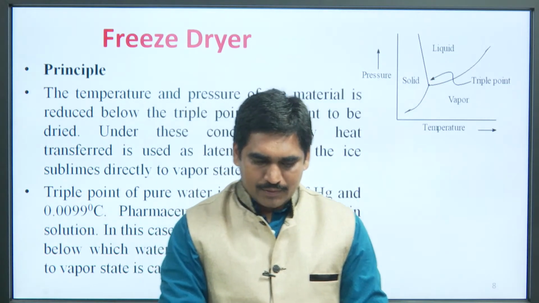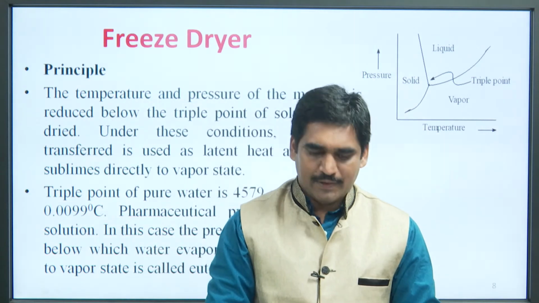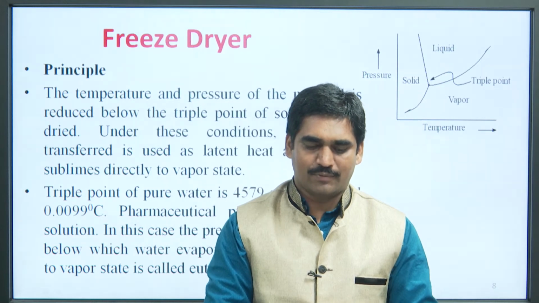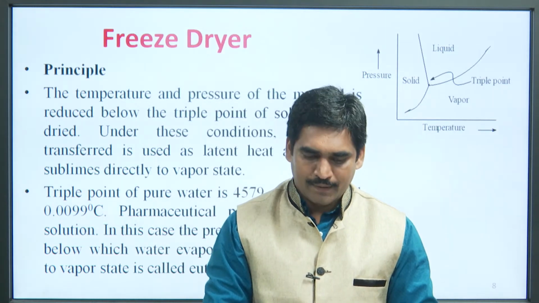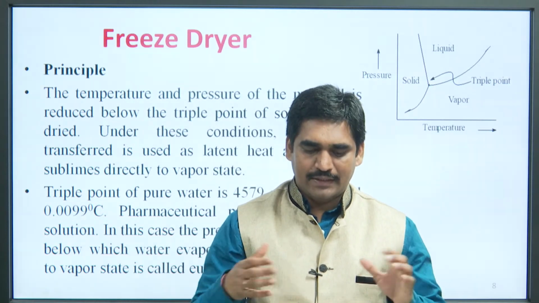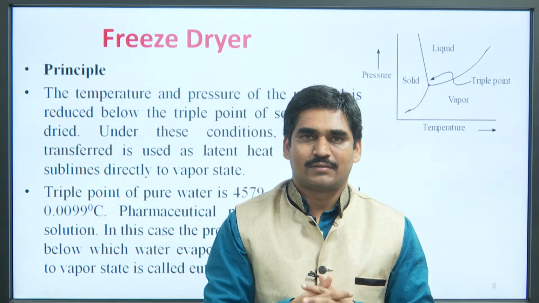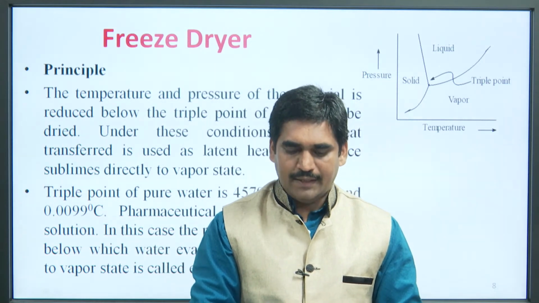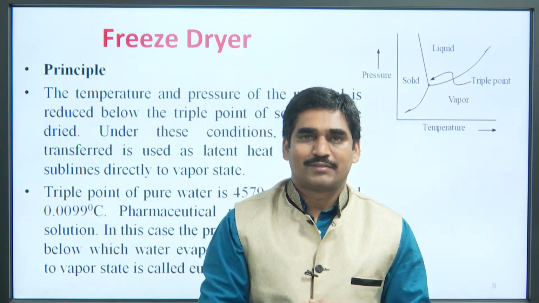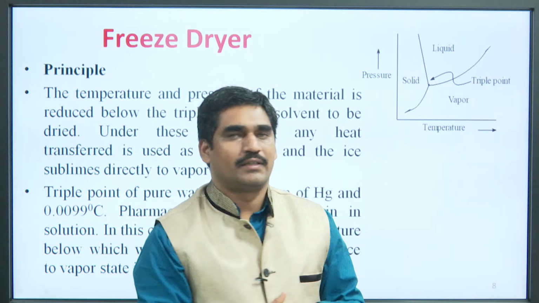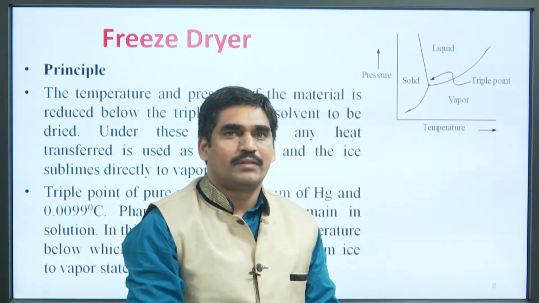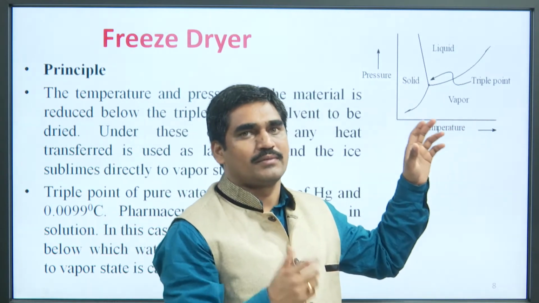The temperature and pressure of the material in this case is reduced below the triple point of the solvent to be dried. Under these conditions, any heat transfer in this dryer is used as latent heat, and due to this ice sublimes directly to vapor state.